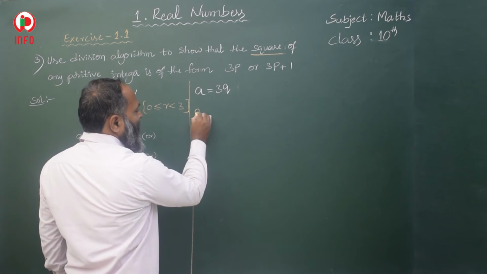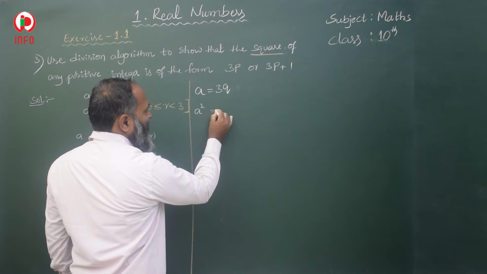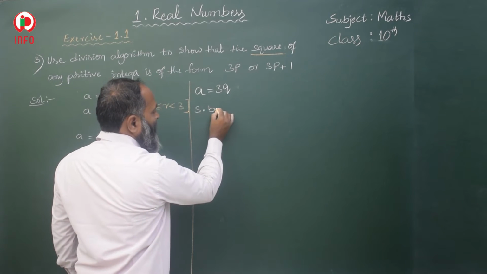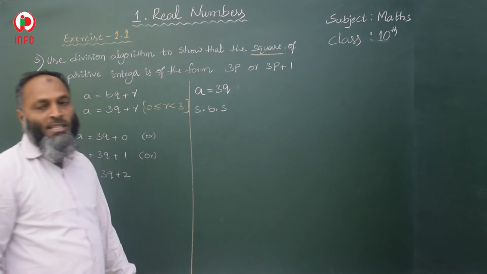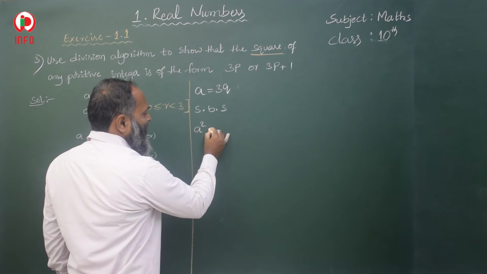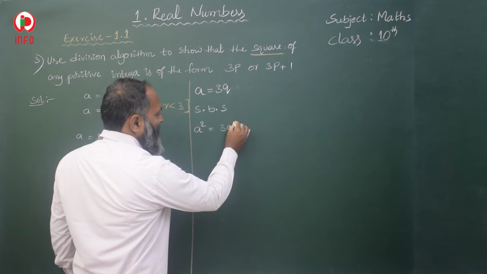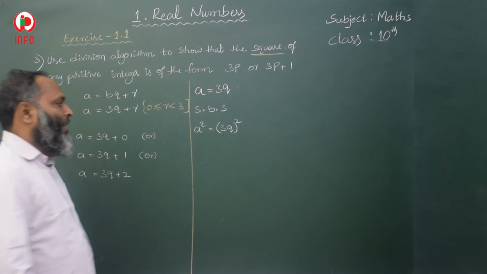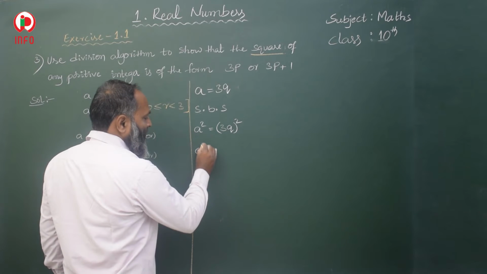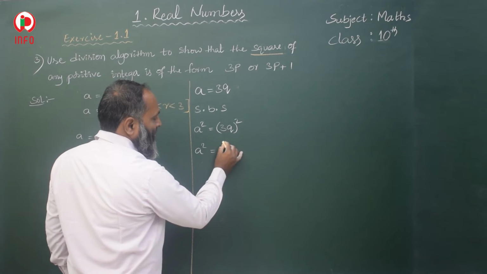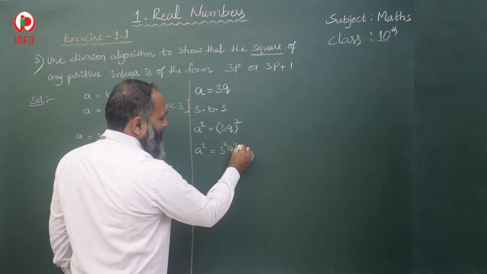That is, a square is equal to 3q whole square, that is 3 square and q square.